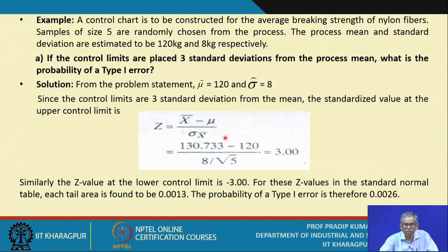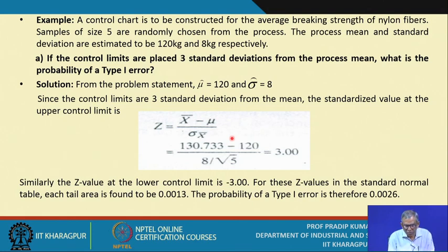So what is the central limit theorem? The central limit theorem says that whatever may be the distribution of x, the distribution of any statistic of x, say x bar, is approximately normal when the sample size is very large. So we are assuming at this stage that the central limit theorem is applicable, and so the normality assumption holds.